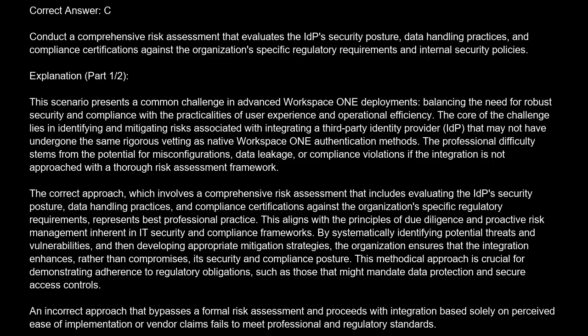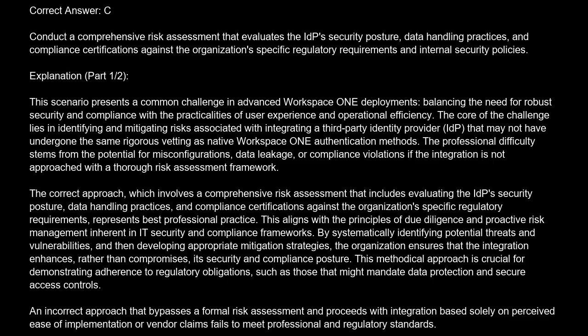The core of the challenge lies in identifying and mitigating risks associated with integrating a third-party identity provider, IDP, that may not have undergone the same rigorous vetting as native Workspace ONE authentication methods. The professional difficulty stems from the potential for misconfigurations, data leakage, or compliance violations if the integration is not approached with a thorough risk assessment framework.